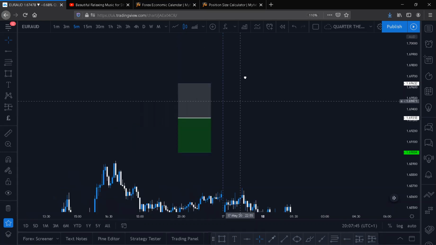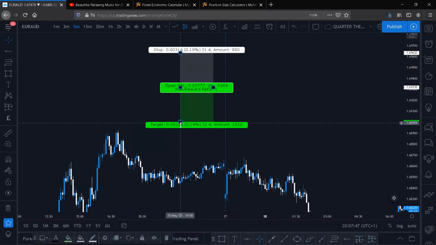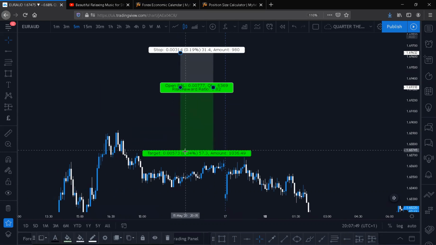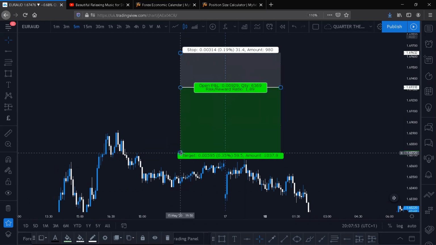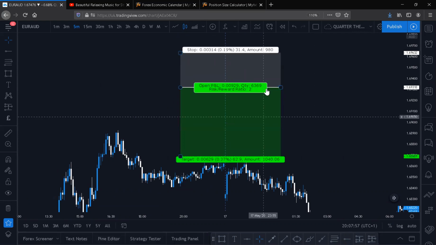So if we drag this down and make that, let's open this up a little bit, make this a 2, that's a 2-to-1 trade now. You're risking 1% to make 2%.